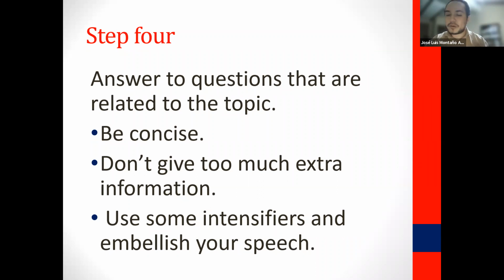It's very important, all right? It's so interesting. Those are intensifiers. And embellish your speech, right? It means use those words that give emphasis to your ideas, that structure your ideas in a good way. For example, connectors, intensifiers, some words to emphasize your ideas, and so on and so forth.